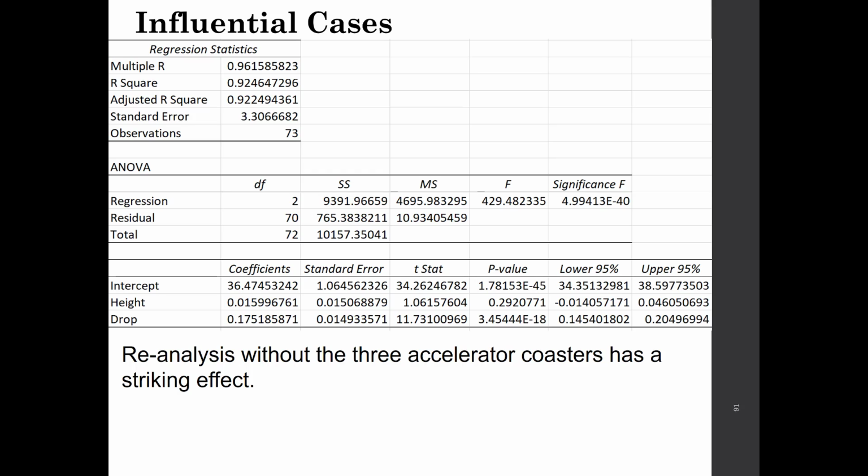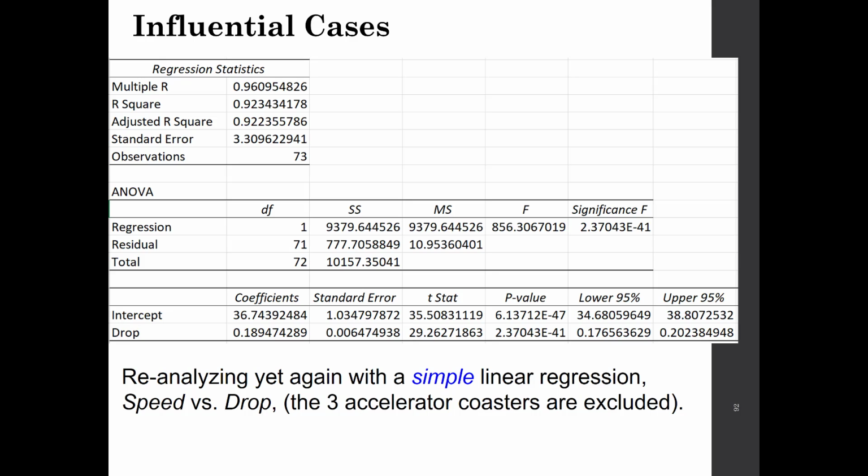So we ran the analysis again without the 3 accelerator roller coasters, and it had a striking effect. If you'll notice, height is no longer important in the model. The p-value is 0.292. So yet again, we can run another model and take out height since it wasn't significant. And this is again without the 3 mechanically accelerated roller coasters.